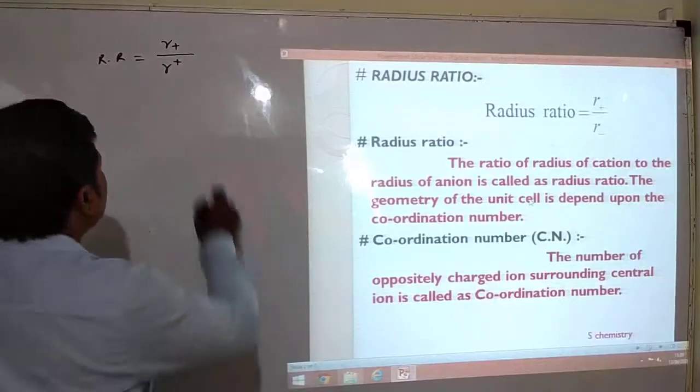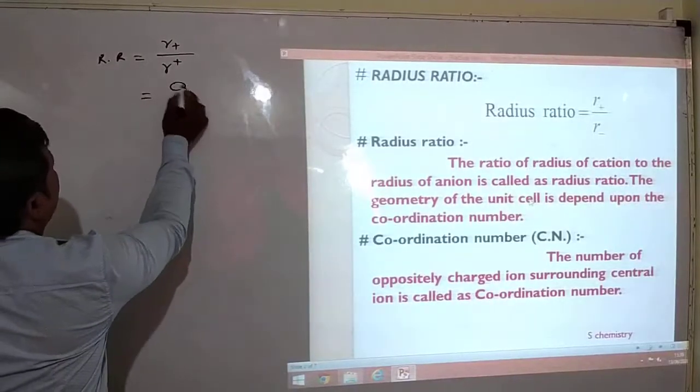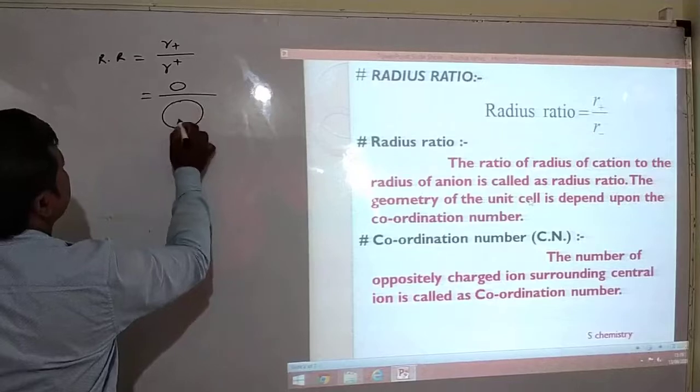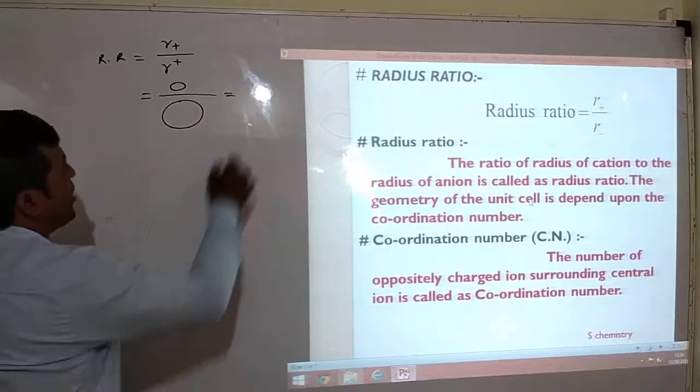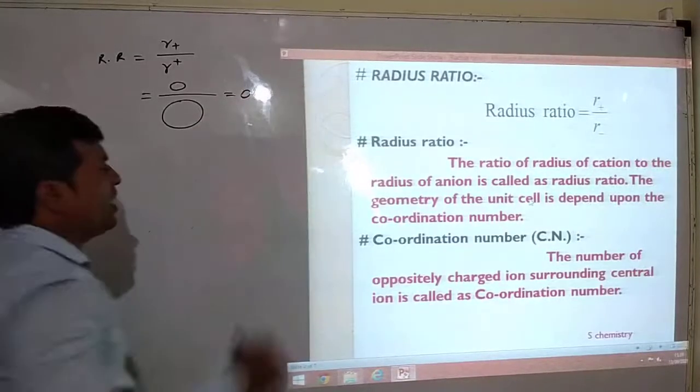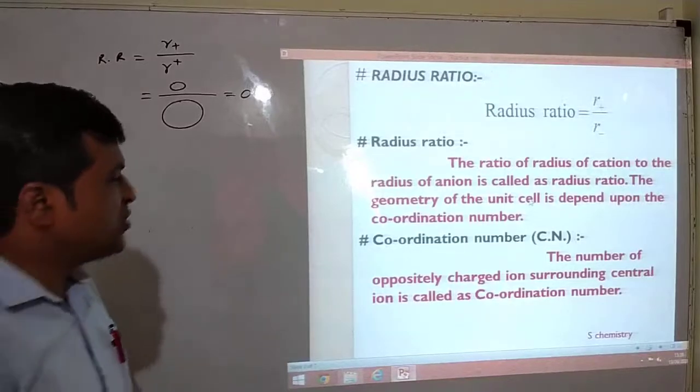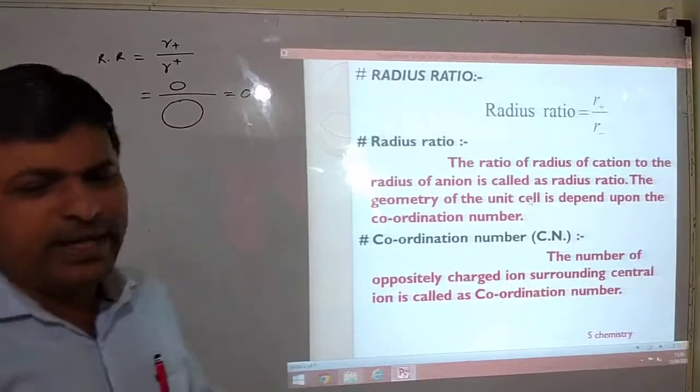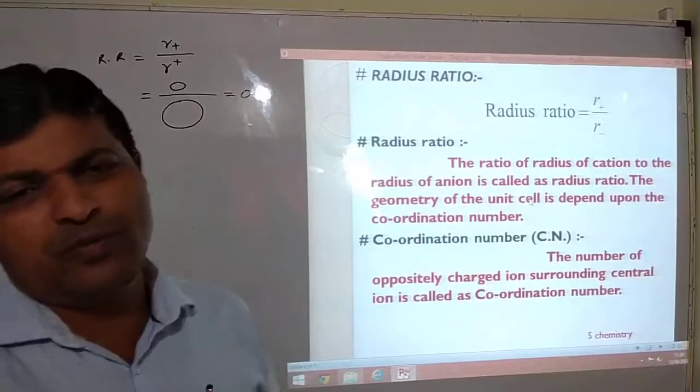If the size of cation is smaller than the size of anion, then the ratio should be 0 point something.